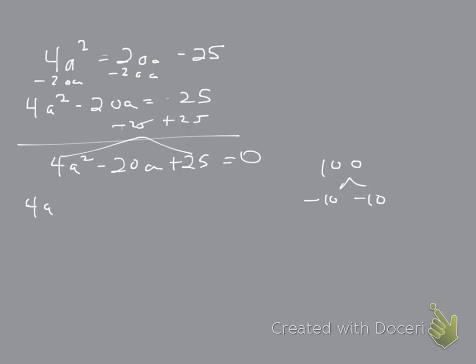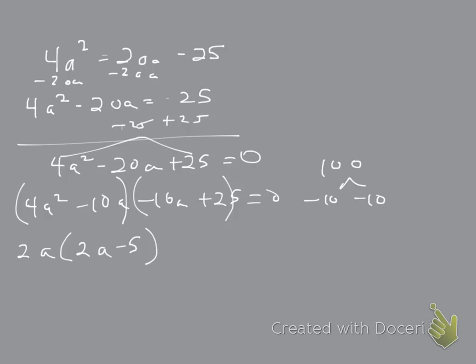So I have 4a squared minus 10a minus 10a plus 25 equals 0. Group. Greatest common factor in the first set? 2a, leaving me with 2a minus 5. Greatest common factor in the second? Negative 5, leaving me with 2a minus 5.